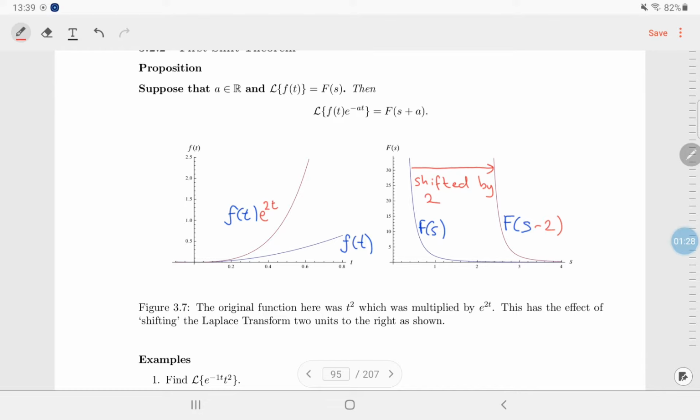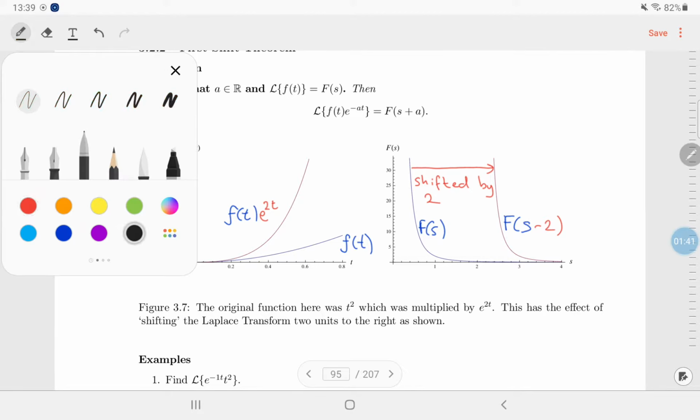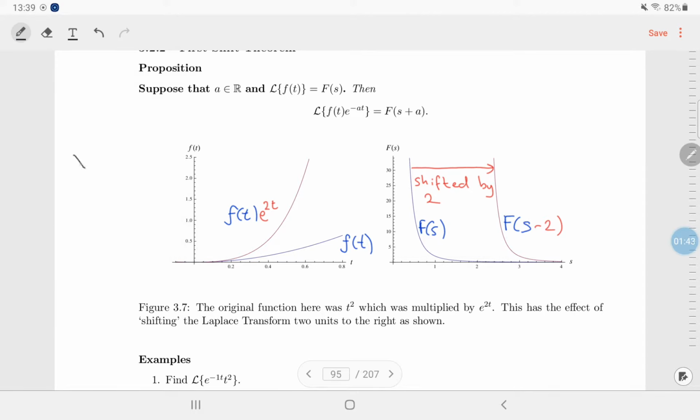And basically the story is, if you take a function f of t and you multiply it by an exponential shift, and the reason we call it an exponential shift is because it shifts over here. So let me write this down. Multiplying by e to the, now when we do it in practice, we're going to be using negative exponentials, but just for this explanation, I'll use positive ones.